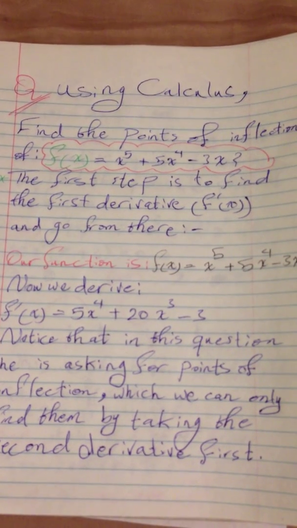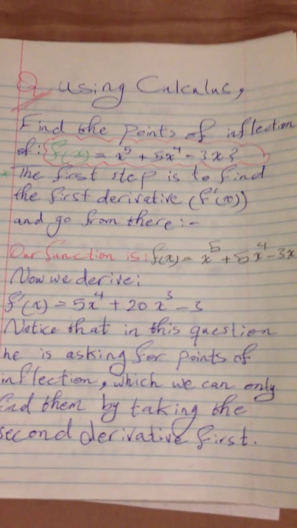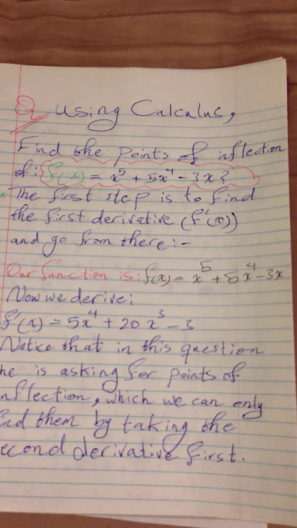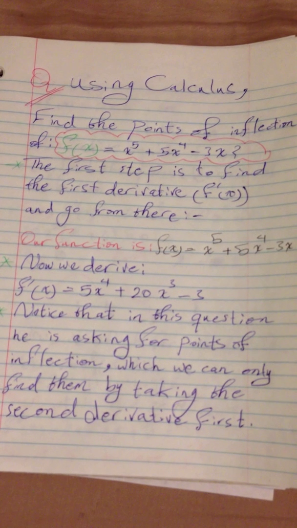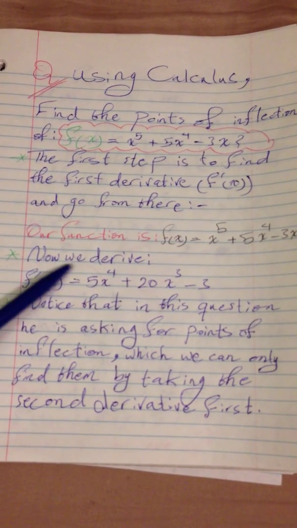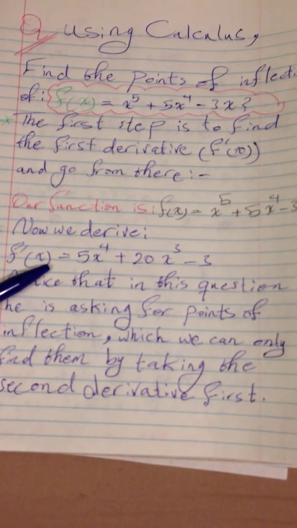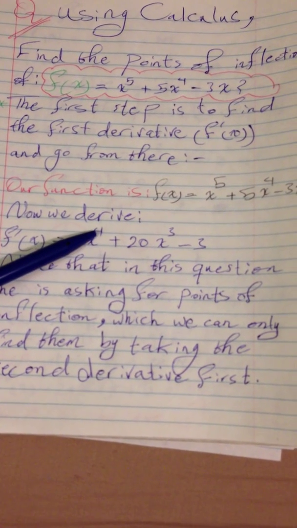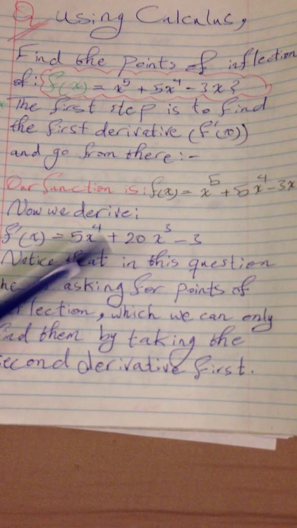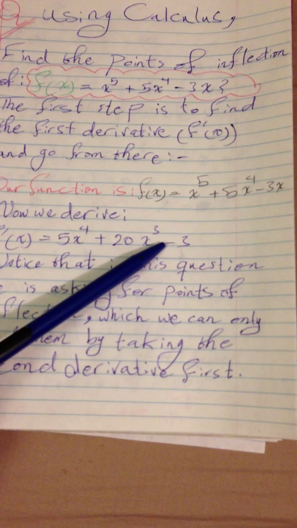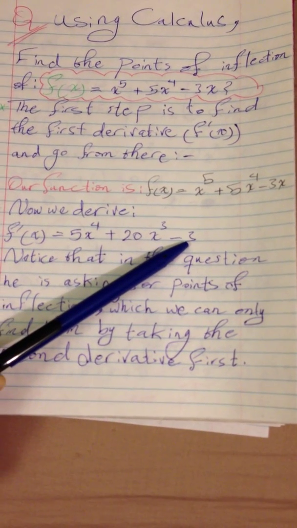Now, first of all, we take the first derivative and then we go from there. So now we derive: f prime of x is 5x to the fourth plus 20x to the third minus 3.